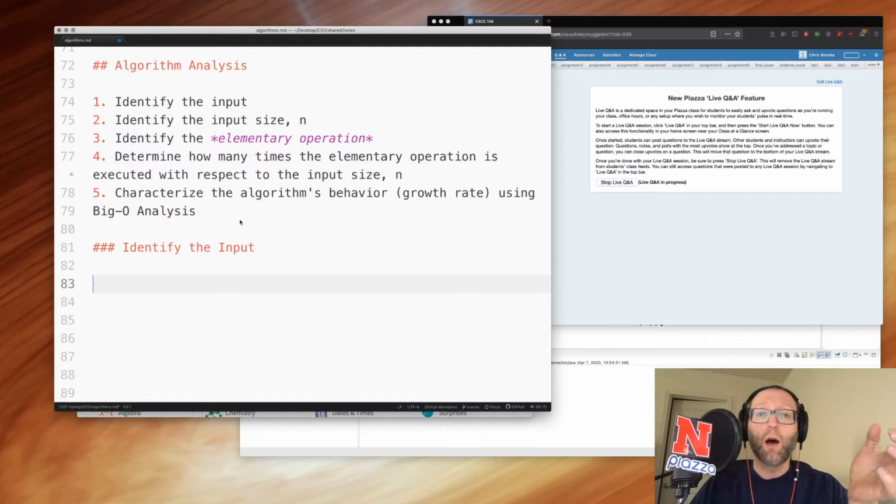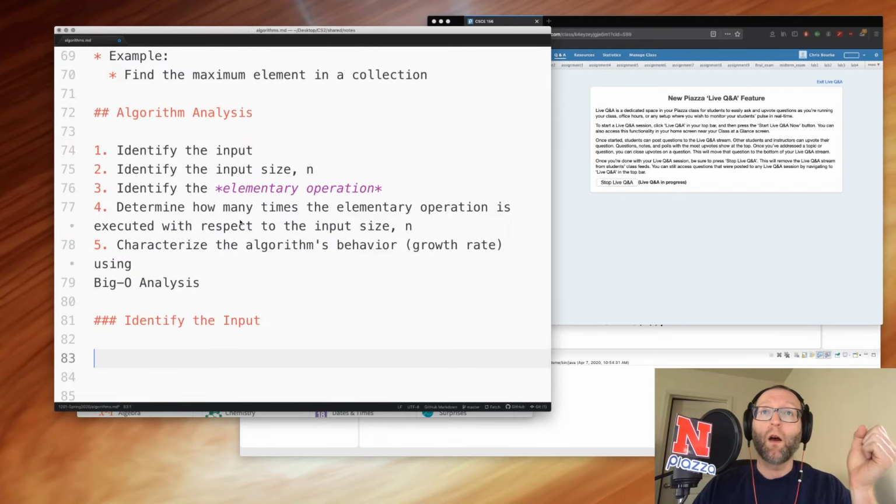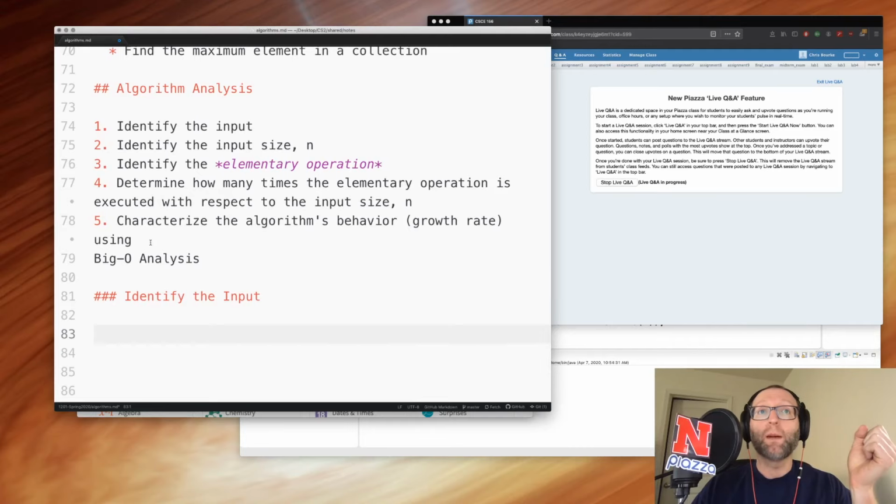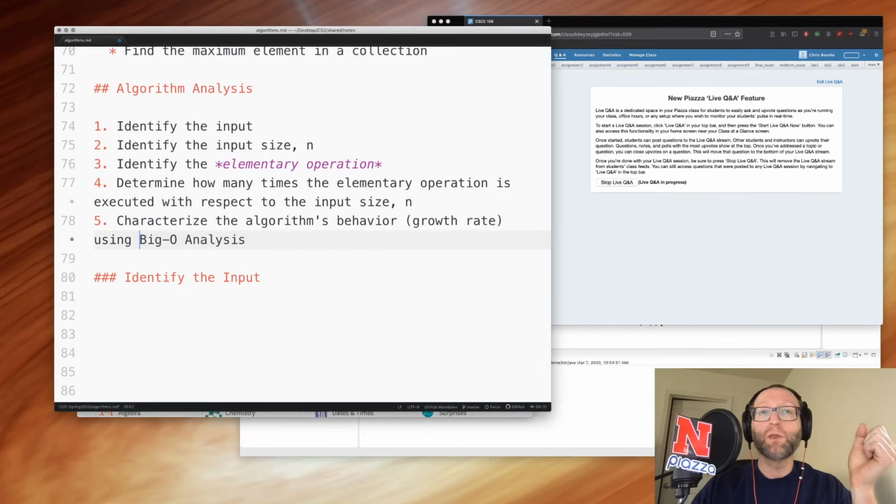Again, this is the most common or the most expensive part of our algorithm, and there could be more than one possibility there. Then we're going to determine how many times the elementary operation is executed with respect to the input size. That's where we're going to come up with our function that ultimately in step 5 we're going to characterize using asymptotics, big O analysis.